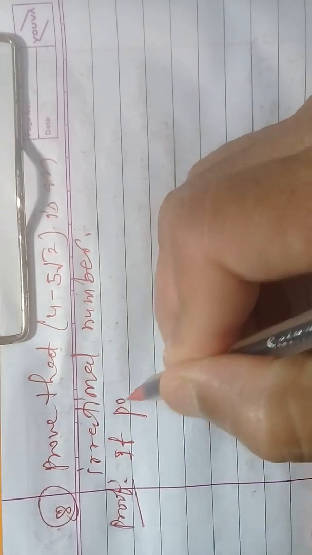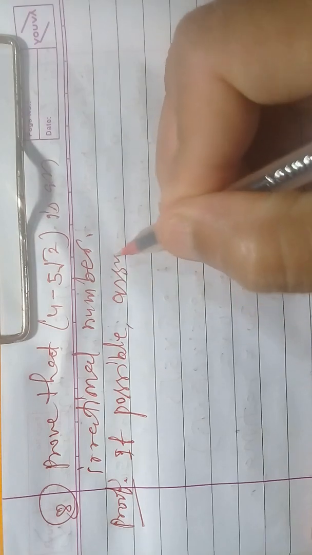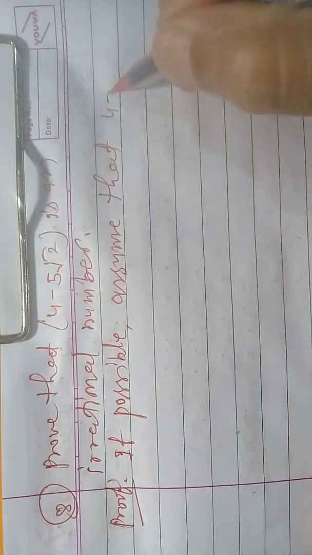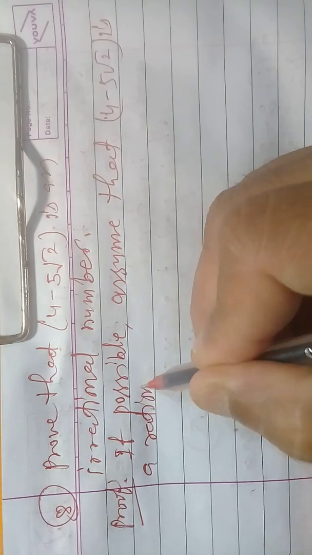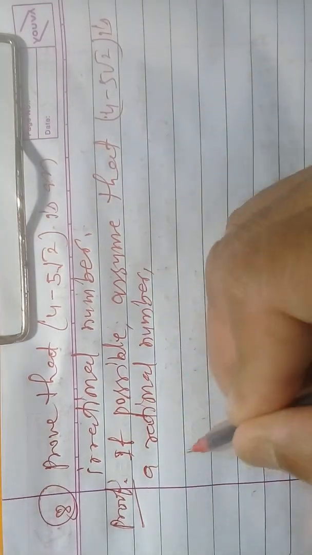If possible, assume that 4 minus 5 root 2 is a rational number.